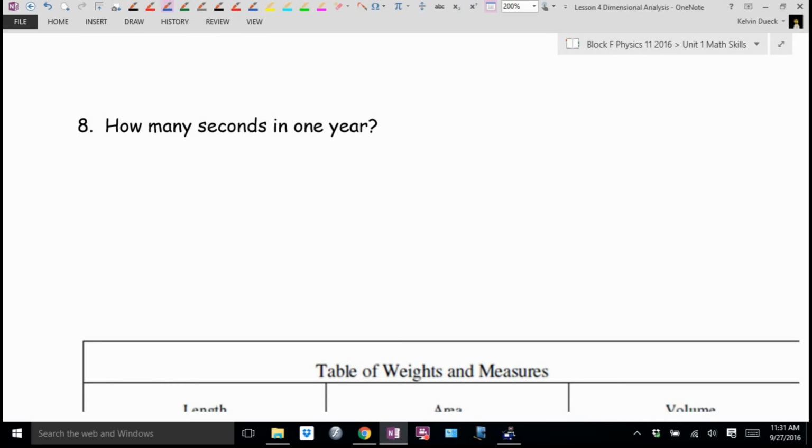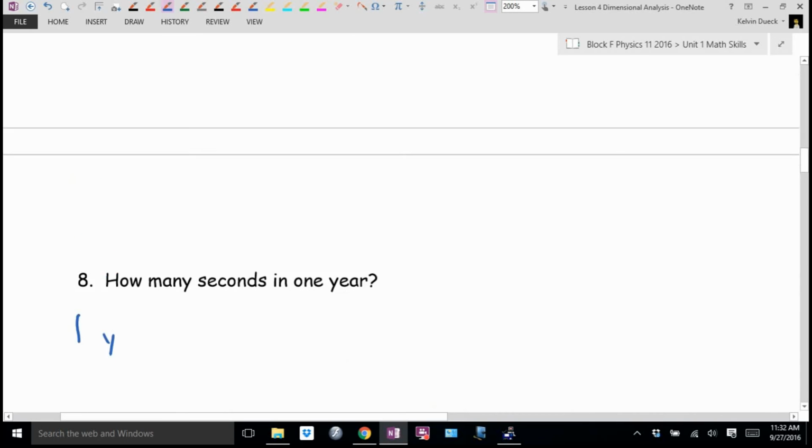Sarah says, write down what they gave you. Sure. 1 year. What can I break years down into? If I'm really clever, what can I break years down into now that I've done example 7? Oh, hey, I have a whole new conversion factor.